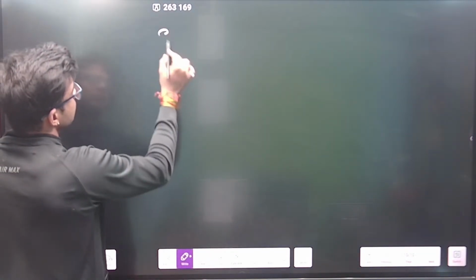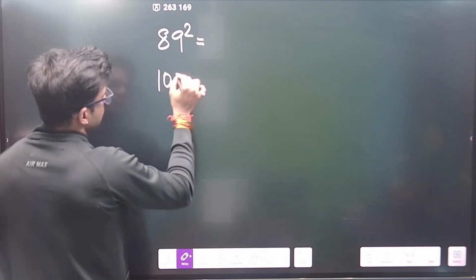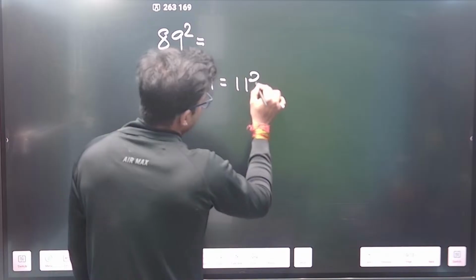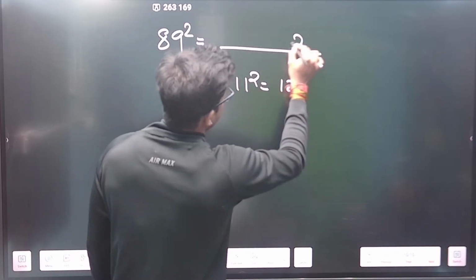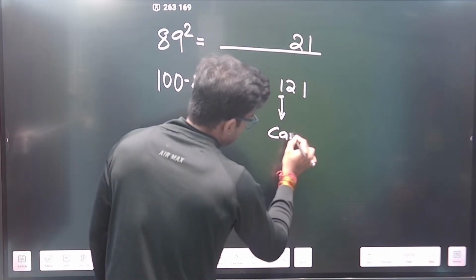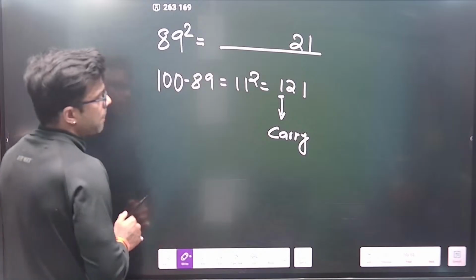Let's go for one more: the square of 89. 100 minus 89 is basically 11. The square of 11 is 121. Write down 21 here, 1 will be carried.